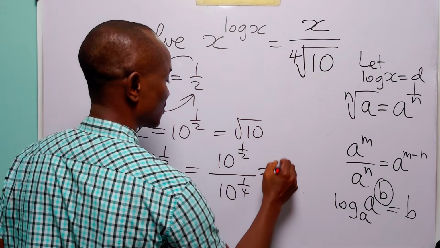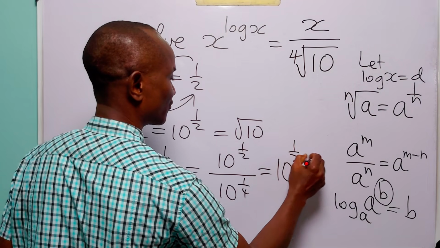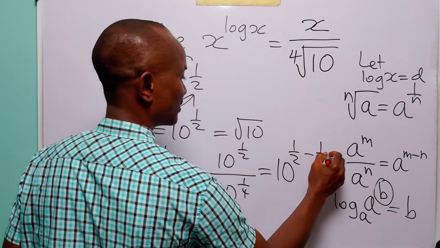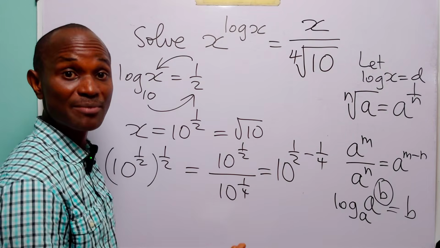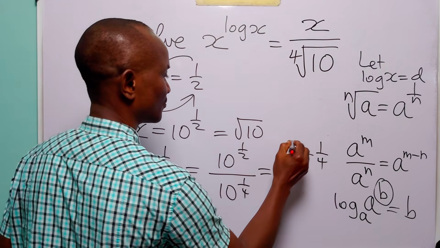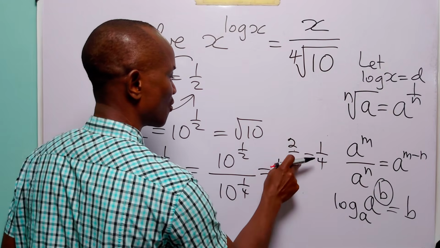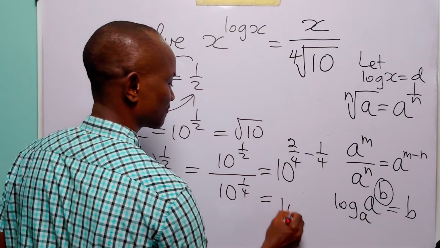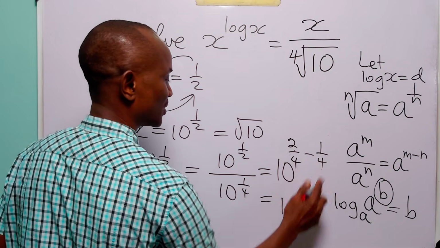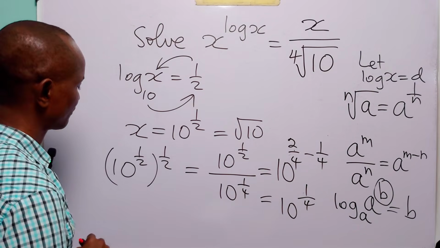Now, of course, this is equal to 10 to the power half minus 1 over 4. But of course, half is the same fraction as 2 over 4. 2 minus 1 is 1, and we have over 4.